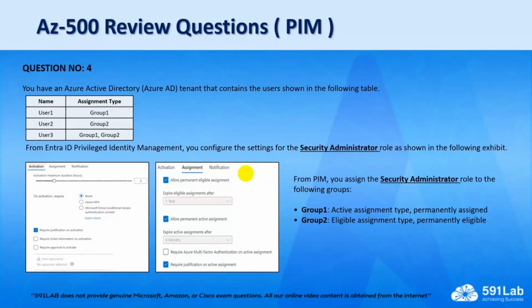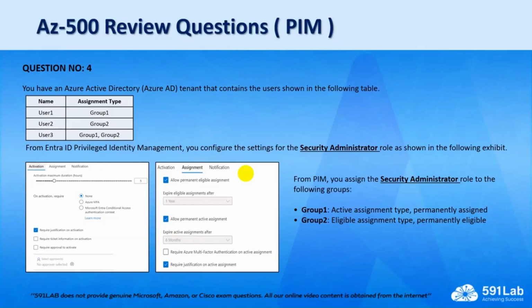Let's read the more part of this question. It says, from PIM, you assign the security administrator role to the following groups. So the security administrator role can be assigned to groups as well. Group 1 is being assigned, and group 1 says the active assignment type should be permanently assigned.